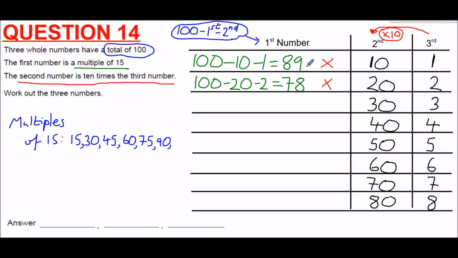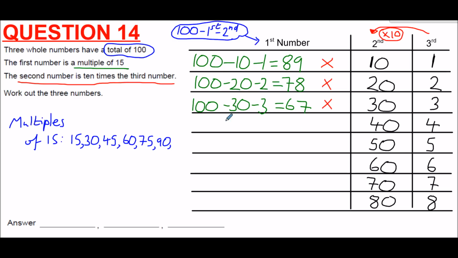So we've tried two options, two combinations, they've not worked. The third combination, if the third number was 3 and the second was 30, that would leave the first number having to be 100 take away 30 take away 3, which should be 67. Now is 67 in this list? No, it's not. Let's carry on and try another combination.